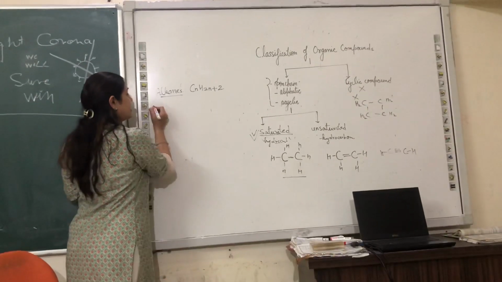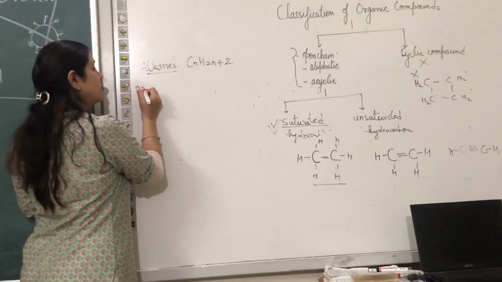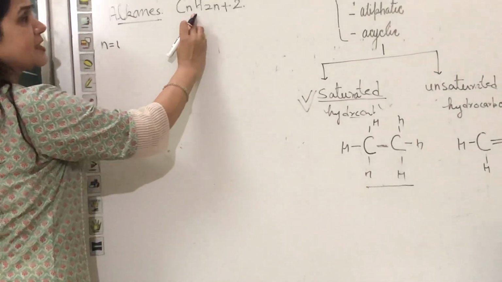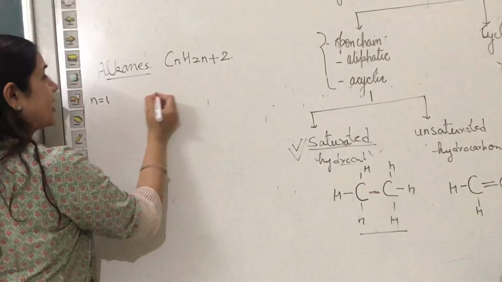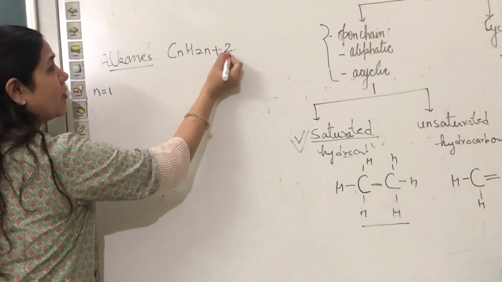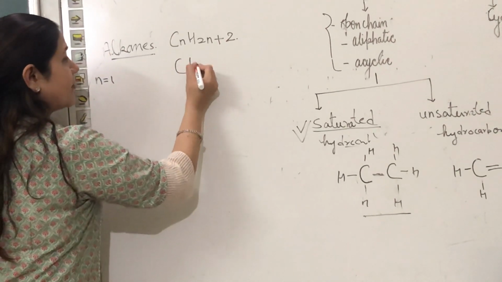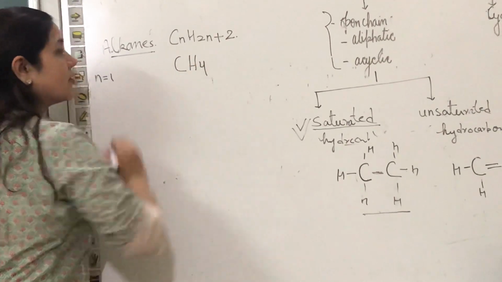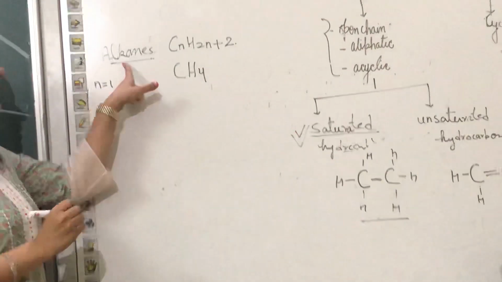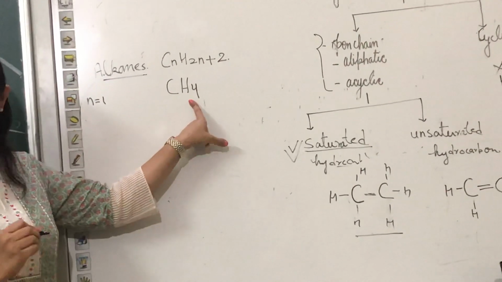For example, if you put n equal to 1, just simple maths, you will not write the 1 over here, 2 into 1 plus 2, so in this way the formula CH4 will come. The first alkane is CH4.